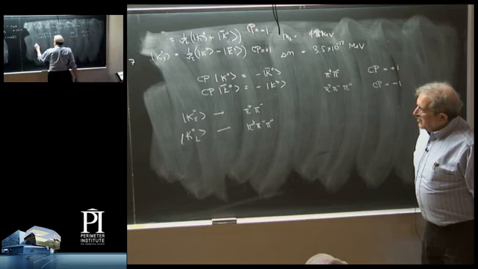So apparently then this first guy, which I'm going to call Ks, can decay to pi plus pi minus, and K0L can decay to pi plus pi minus pi 0. And if CP is conserved, it can't happen the other way.